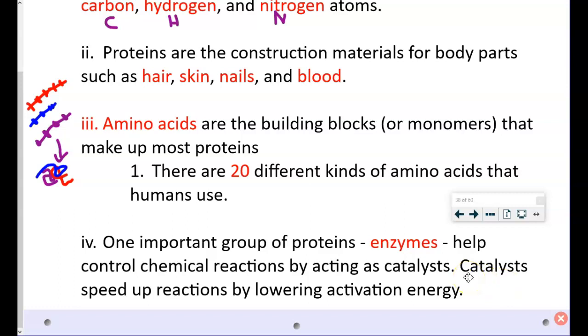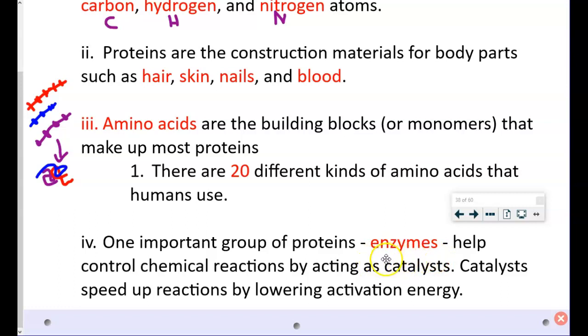Okay, but if you think about all the chemical reactions in your body, all the food you eat that has to be broken down and digested, all the oxygen you breathe in that has to be used in your body, all the waste that you breathe out or go to the bathroom and get rid of, right? There's chemical reactions all the time. So these catalysts called enzymes are very important, okay?